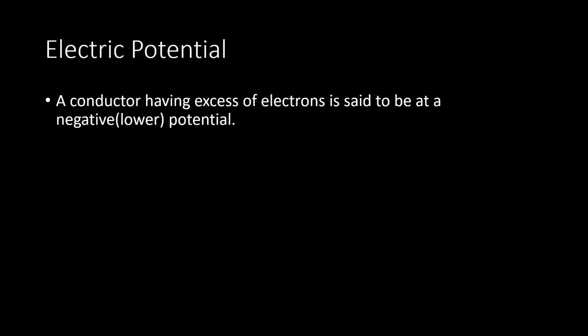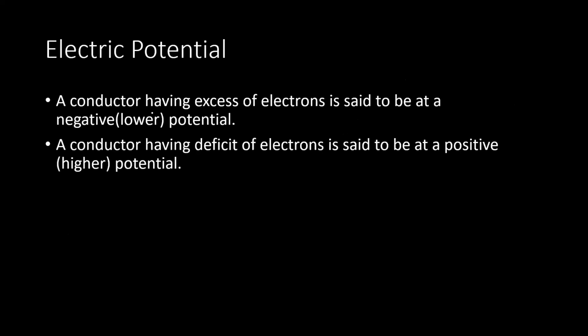In electric potential, there is an idea that what do we call as more potential? Okay, so more electric potential. So where the number of electrons are more, that is said to be as a lower potential or a negative potential. The conductor which has less electrons or which is more positive is said to be at a higher potential. So to give you an example, this is one such example.